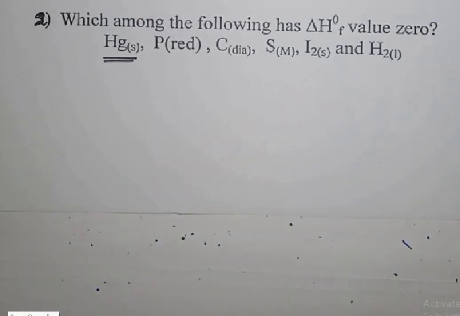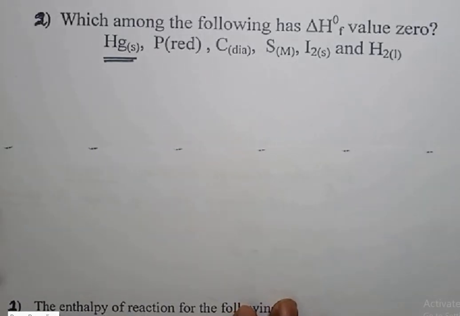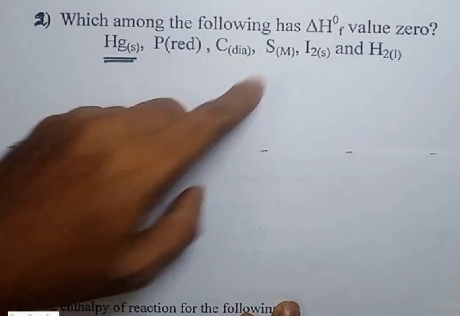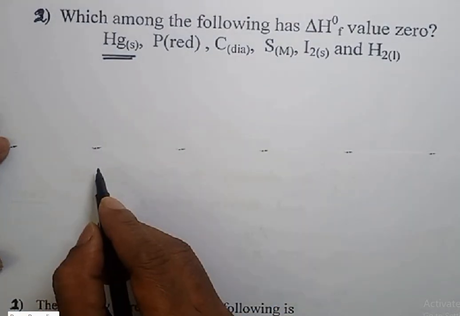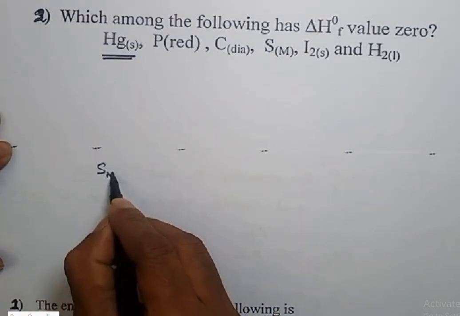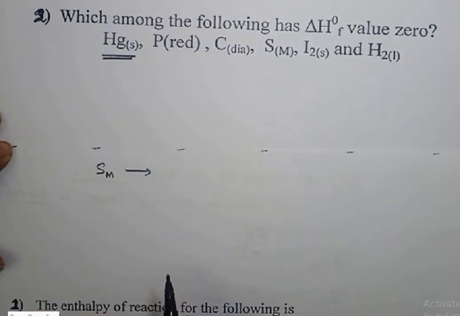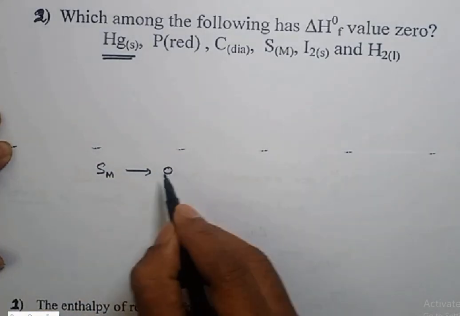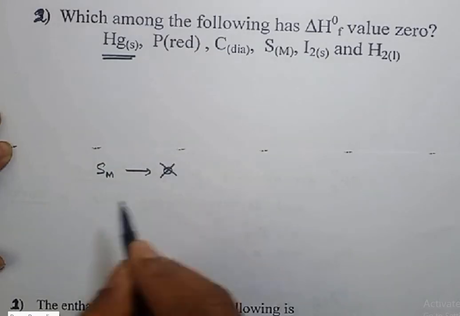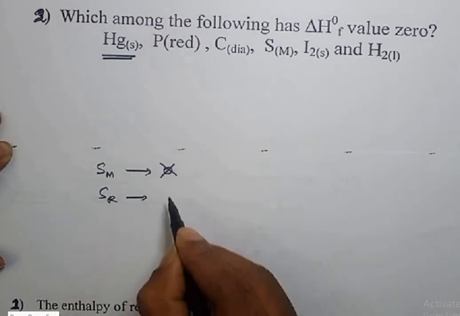Then the next one, monoclinic sulfur, is given. If you compare rhombic sulfur and monoclinic sulfur, rhombic sulfur is more stable. Therefore, for monoclinic sulfur it is not 0, whereas for rhombic sulfur it is 0.